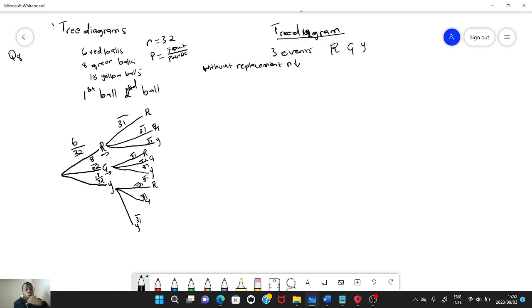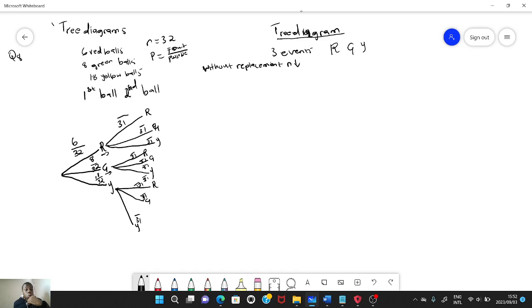So what happens for the yellow balls? The sample space will be 31 because I've already chosen a yellow ball, and at first I had 18 yellow balls, but because I chose one, now I'll have 17 yellow balls.